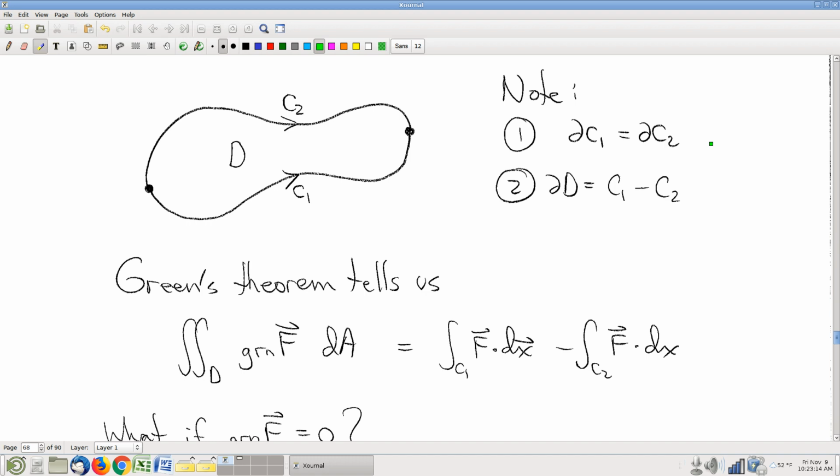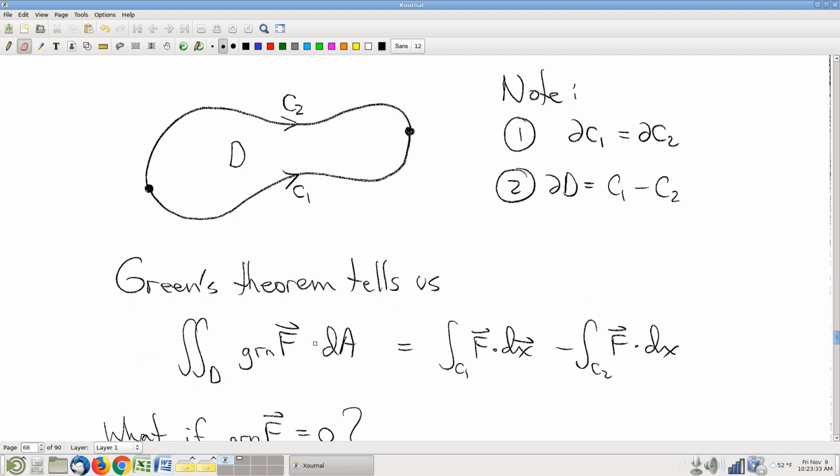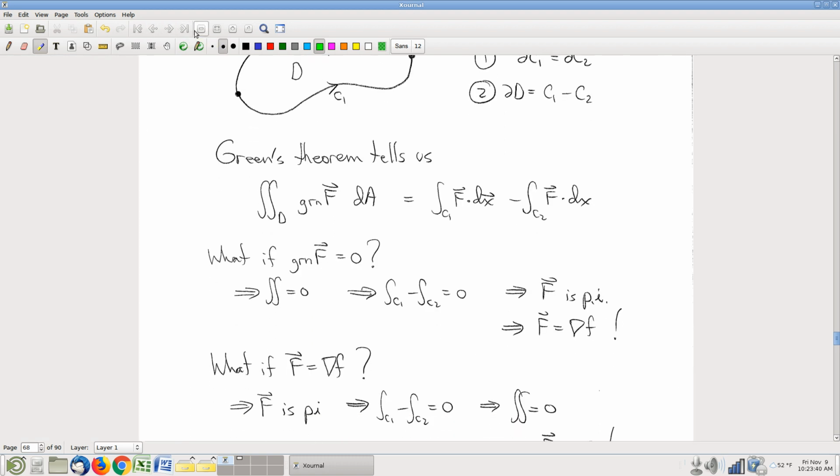Okay, so here's, for this two-dimensional region, Green's theorem, just directly written down, keeping in mind that the boundary of this two-dimensional region is C1 and then C2, but going backwards across C2. So I'm going to say minus C2. So Green's theorem, fine. And then look what happens. This remarkably convenient development happens if Green's operator on some given vector field is 0.